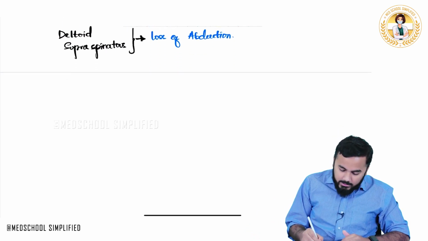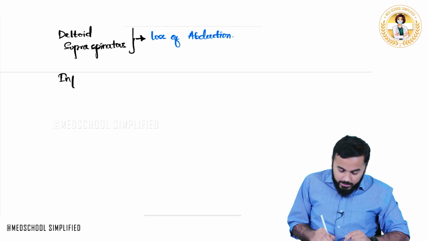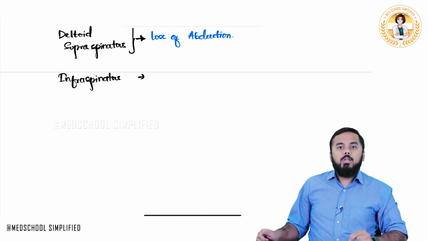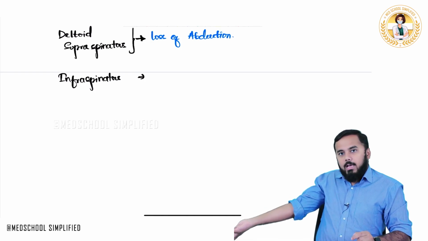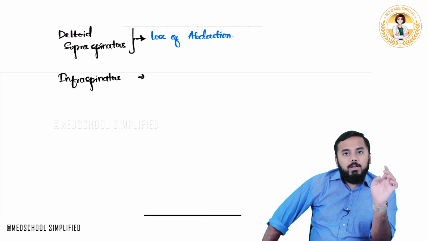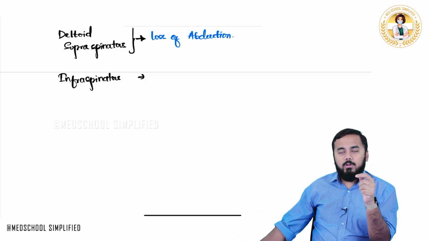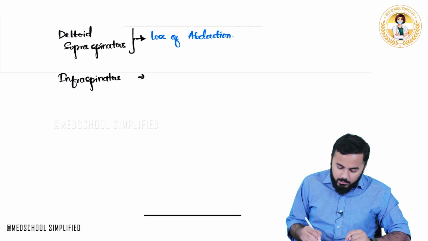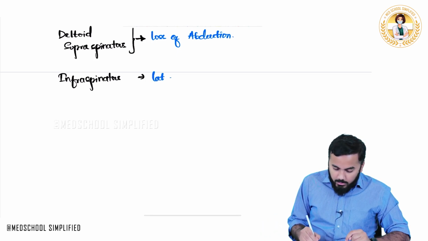Next important thing is that the infraspinatus muscle is also not working. You know what infraspinatus does? Infraspinatus will laterally rotate the arm, but here in the patient there is medial rotation of the arm. I already told you why, because lateral rotators are not working. An example of a lateral rotator is infraspinatus.